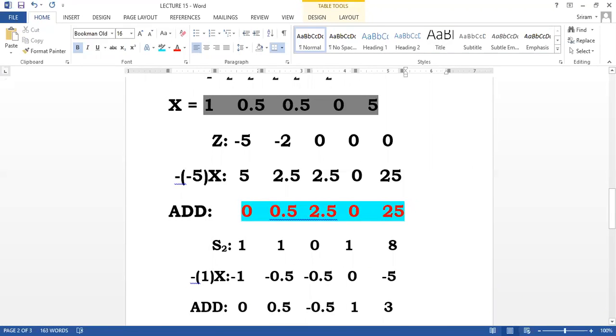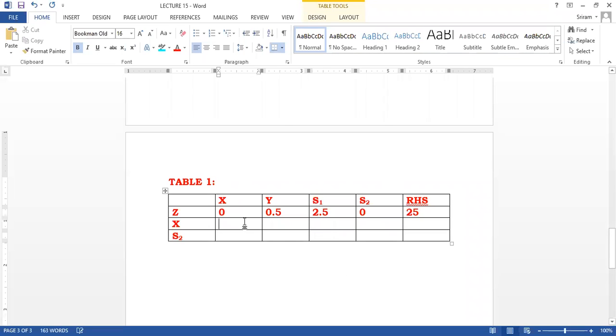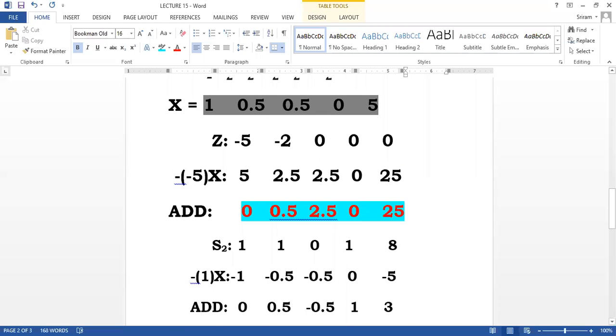And then I am going to check the row of X. For X, I am having 1, 0.5, 0.5, 0 and 5.